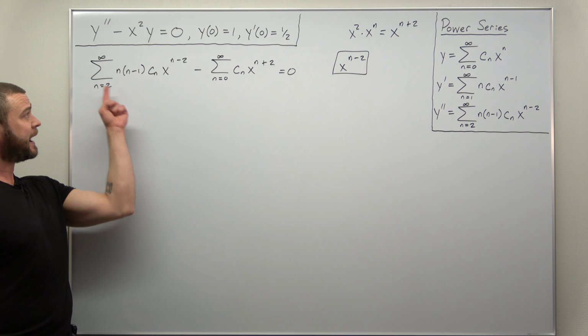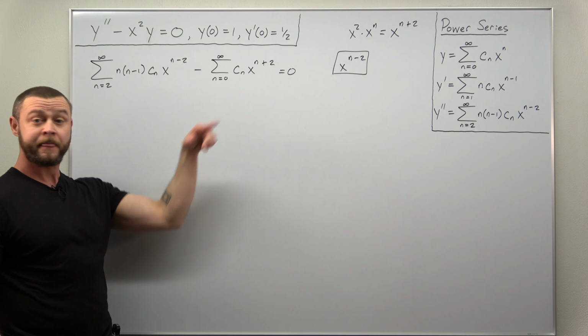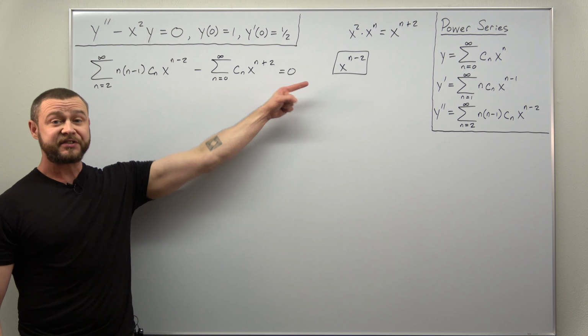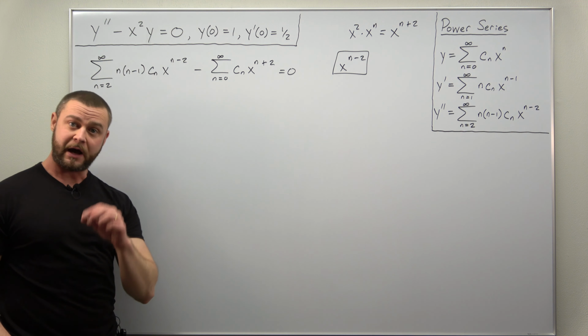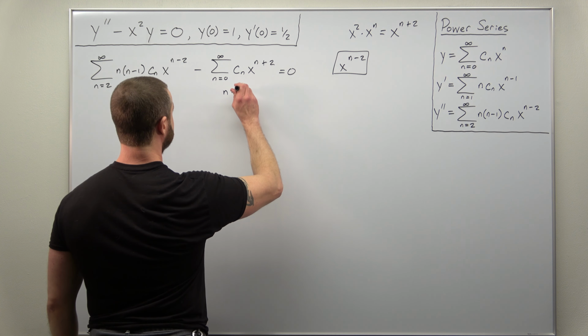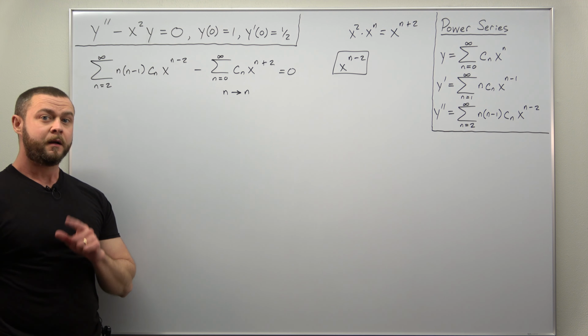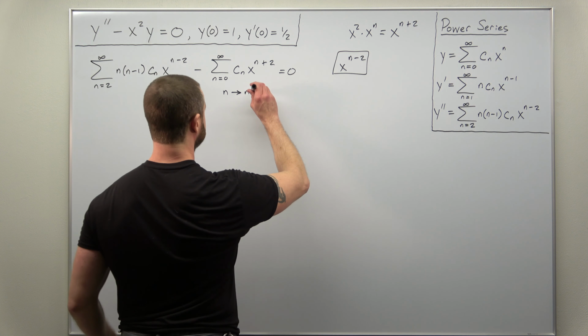So we're going to leave this power series alone, and we're going to shift this term to x to the n minus 2. Now we can do that by replacing all n's here with n minus 4.